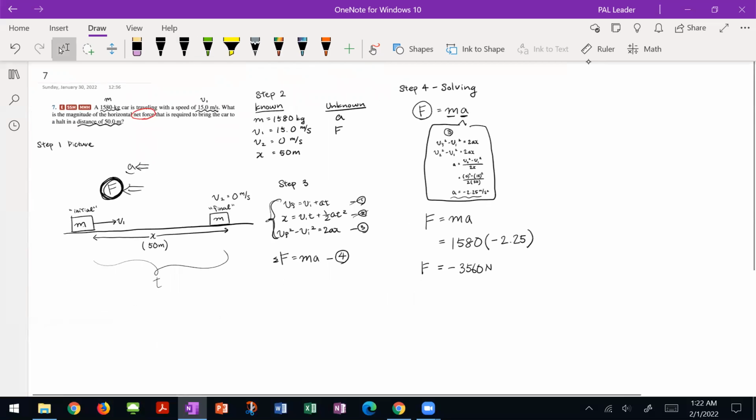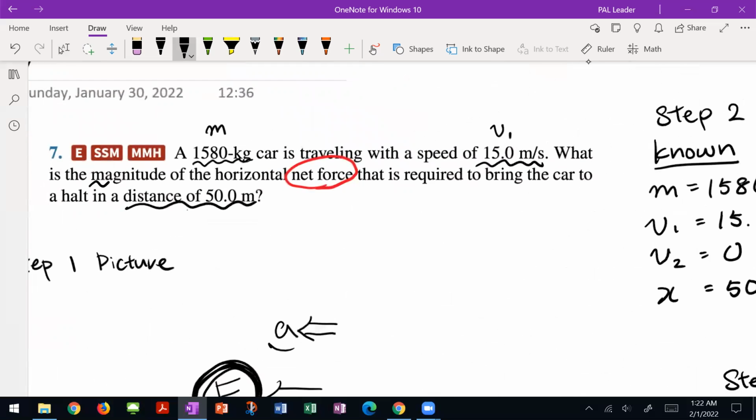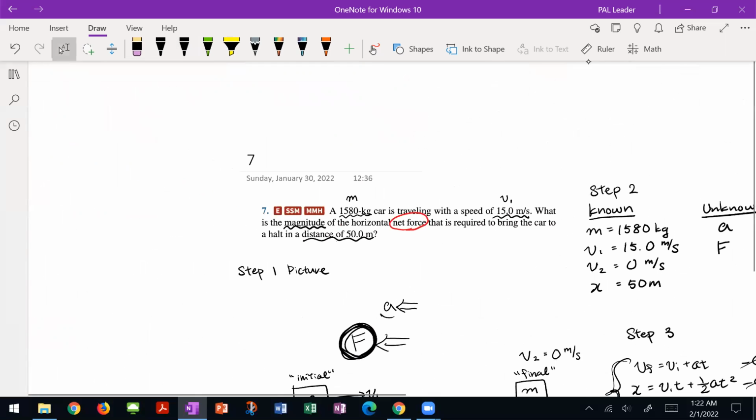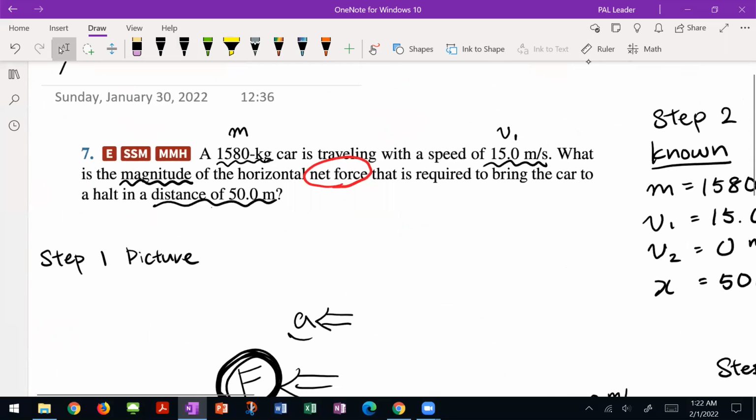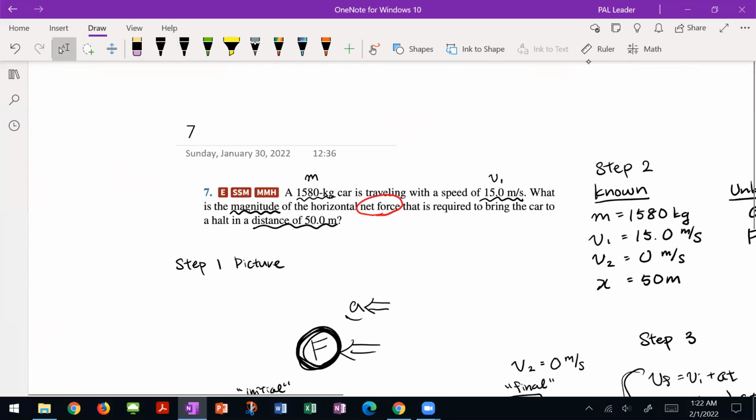Okay, the answer though. It is asking us, what is the magnitude? Magnitude is just asking how much. It's not asking for the direction.